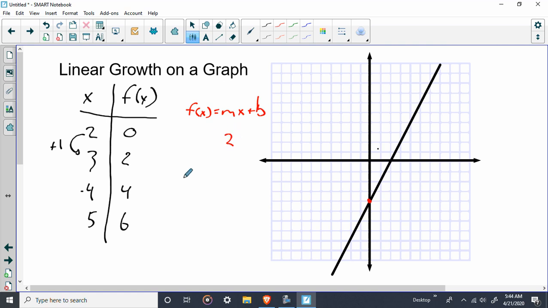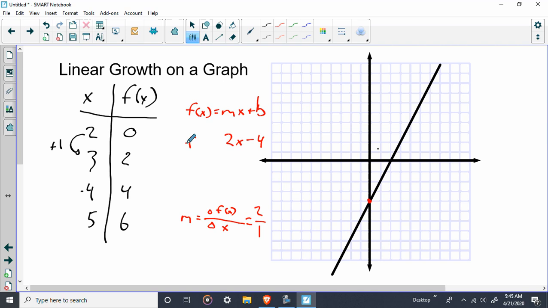Don't forget that m is equal to your change in f of x, what we used to call your change in y, over your change in x. For every 2 I go up, I go 1 over. And my y-intercept is -4.